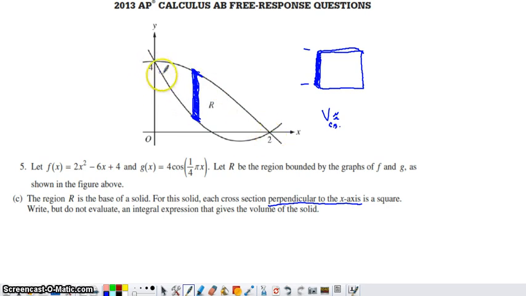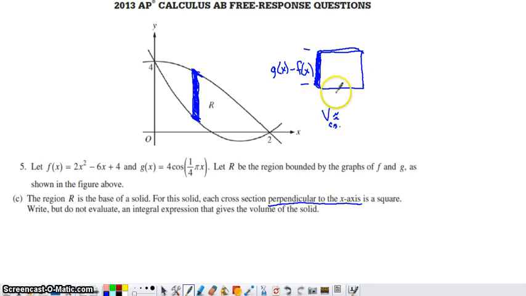The bottom y value is always going to be at the bottom of the slice, no matter where we draw the slice within the region. The bigger y value is on the cosine graph, so that's given by g of x, minus the smaller y value. The smaller y value is this parabola, and that's given by f of x. So the height is g of x minus f of x.